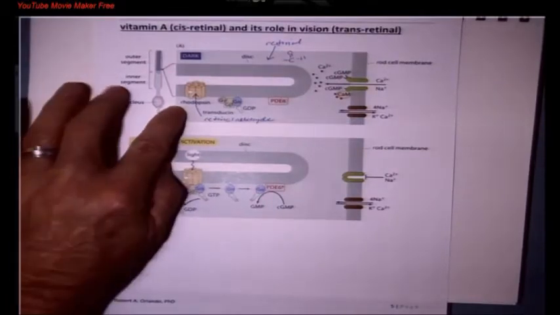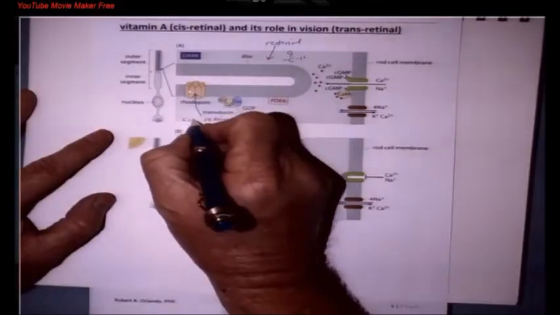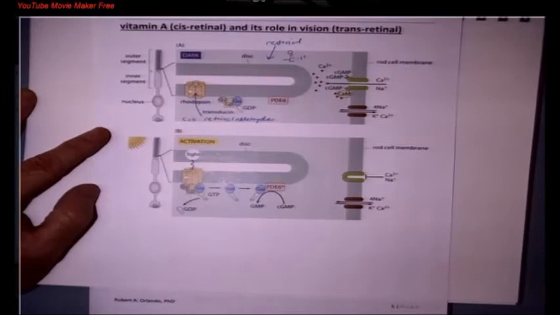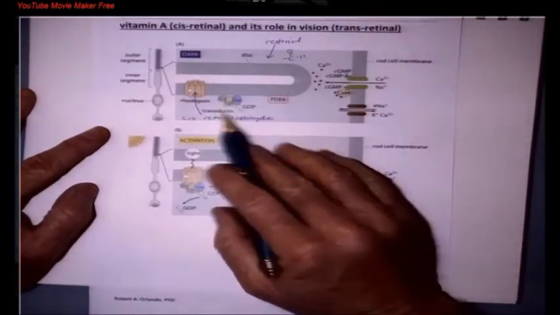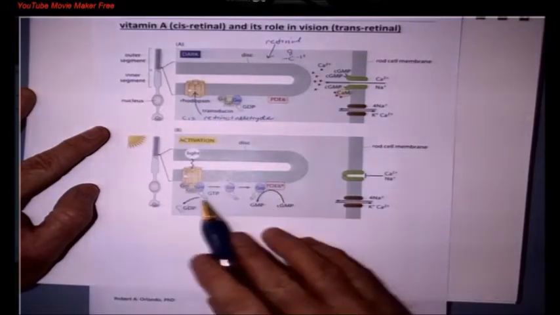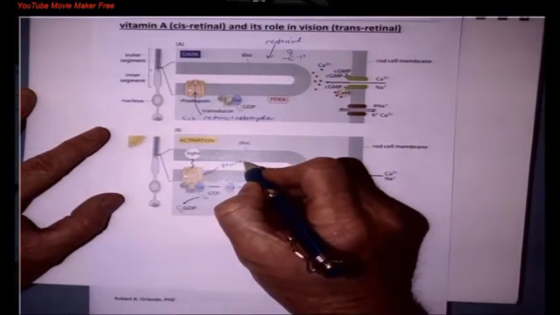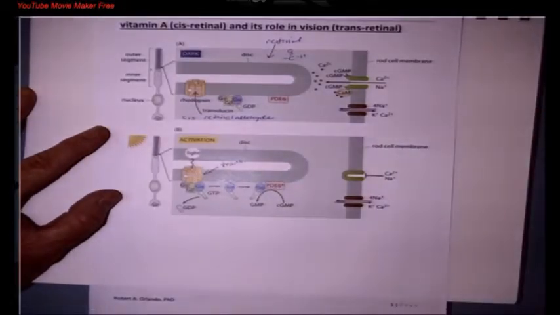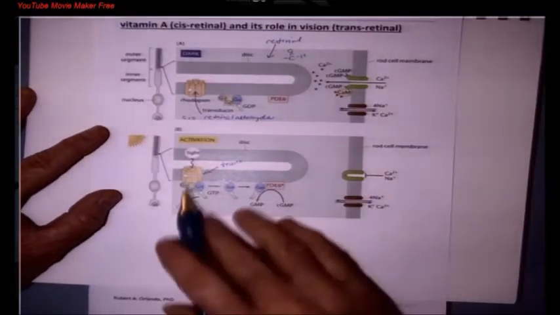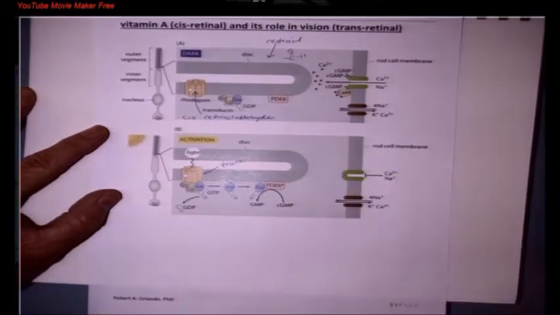So the cis form binds to the rhodopsin, and then our transducin, which is our G protein molecule, is affected after light binds and causes a transconfiguration in the retinaldehyde. We get our G protein changes, we get hyperpolarization of the membrane, and we get neural transmission due to light, okay?